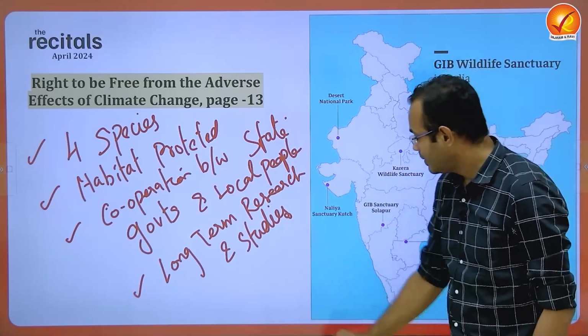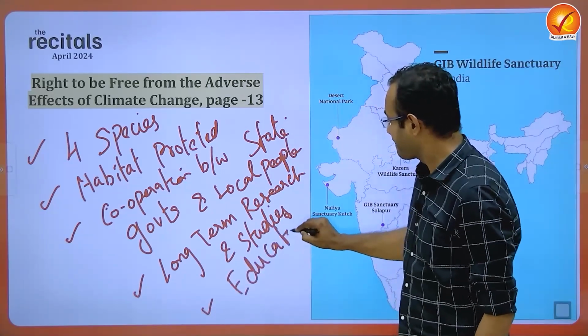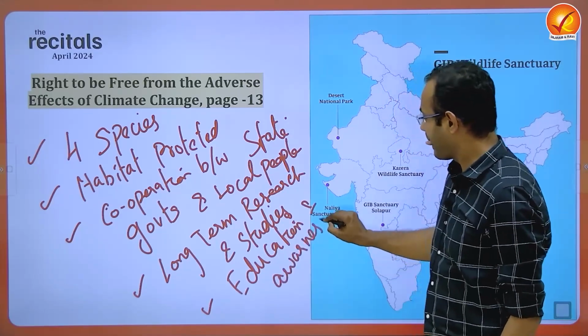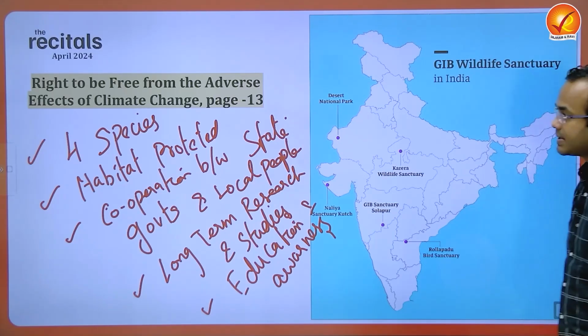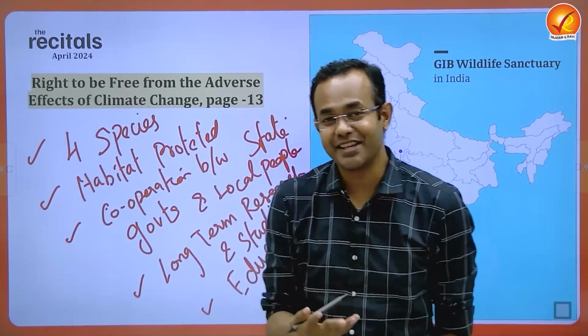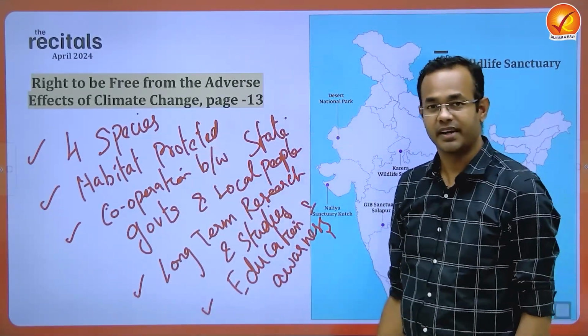Number 5, education and awareness has to be created among local people. Number 6, land use change and grazing laws have to be aligned with conservation of the Great Indian Bustard.